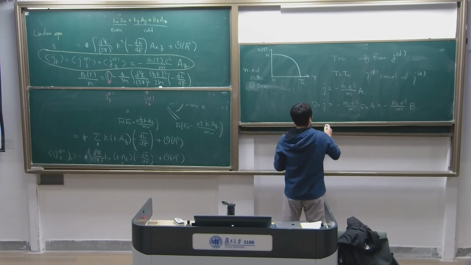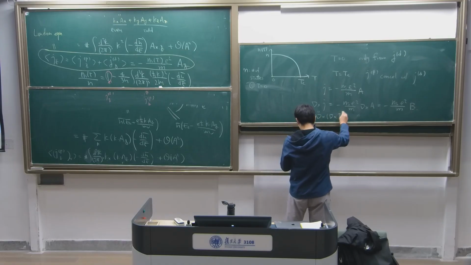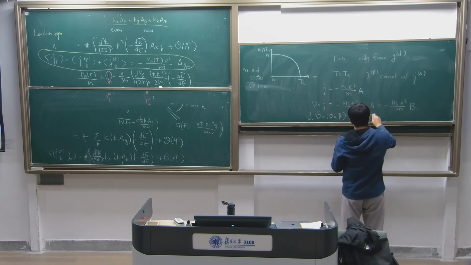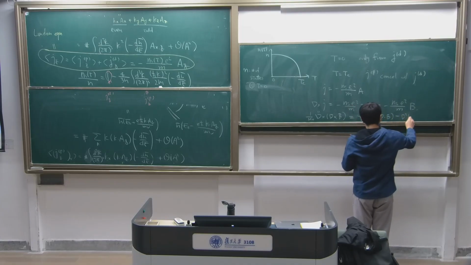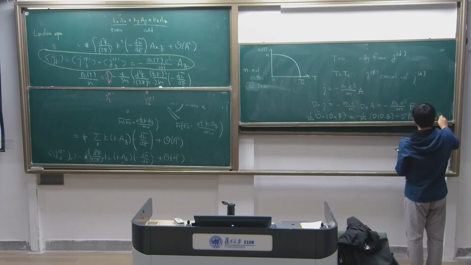So if you use the Maxwell equation, this is equal to 1 over mu 0, nabla times nabla times E, and then which is equal to 1 over mu 0 nabla dot P minus nabla squared. And then using the Maxwell equation, this is equal to minus 1 over mu 0 nabla squared.